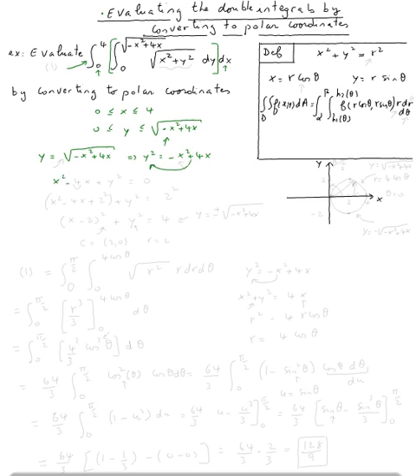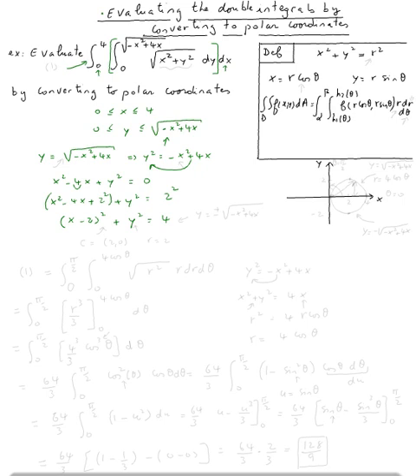That would be x squared minus 4x plus y squared equals 0. Let's complete the square. x squared minus 4x plus 4, since 4 divided by 2 is 2, and 2 squared is 4. Add 2 squared to the other side. Now this becomes (x minus 2) squared plus y squared equals 4.